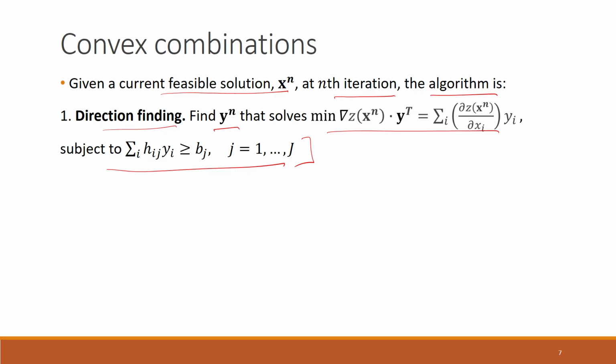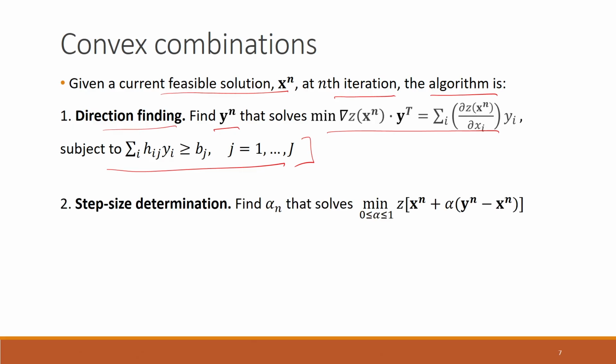So this is a linear program to find the direction. Then comes step size determination. Here we minimize along the line segment joining xn and the yn obtained from the previous step. We want to determine the point connecting xn to yn where the objective function value is the least. That is why alpha lies between 0 and 1.